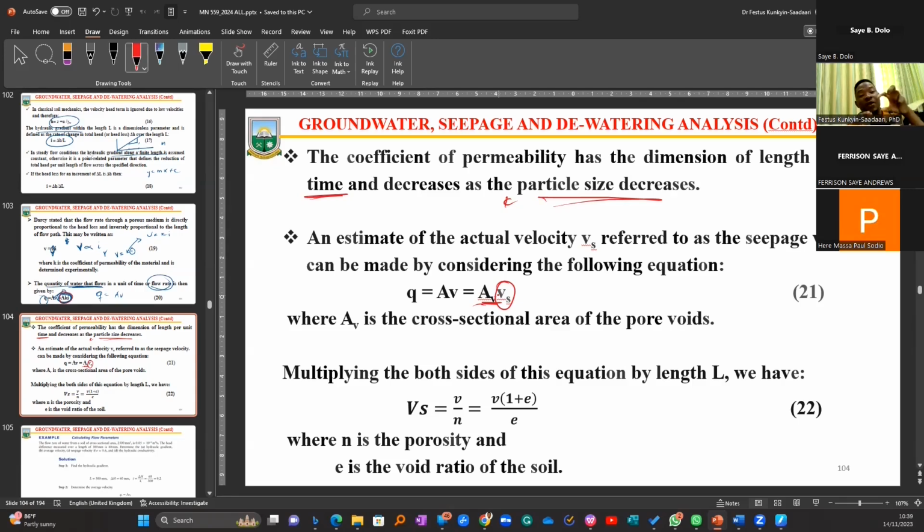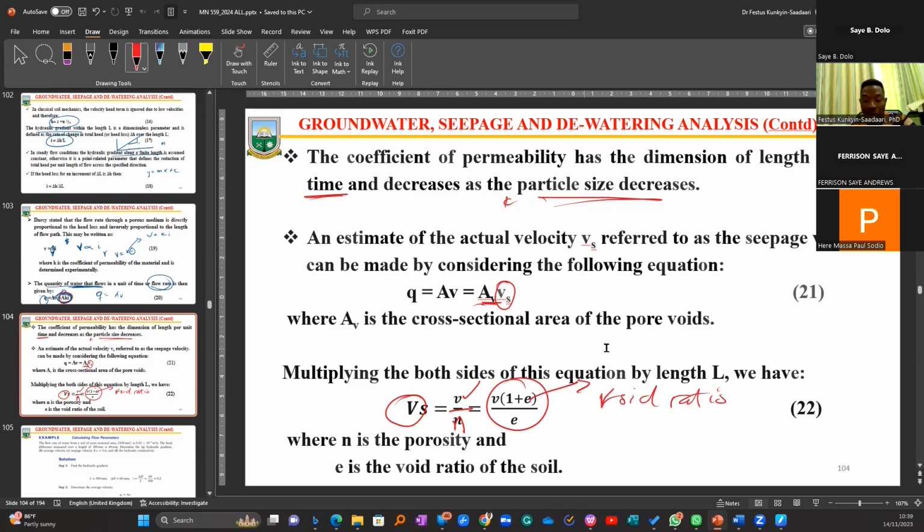You are finding a ratio of the empty spaces to the entire volume of material of a substance you have. And so we have the seepage velocity expressed as the average velocity over your porosity. And this porosity can be expressed in form of what? This one, which is what we term as the void ratio.